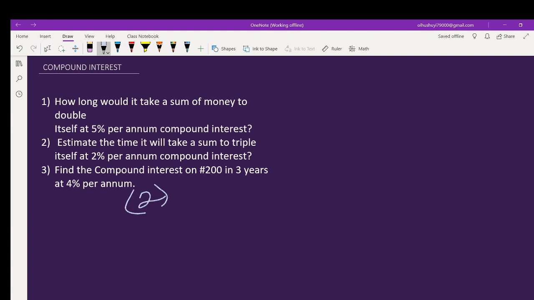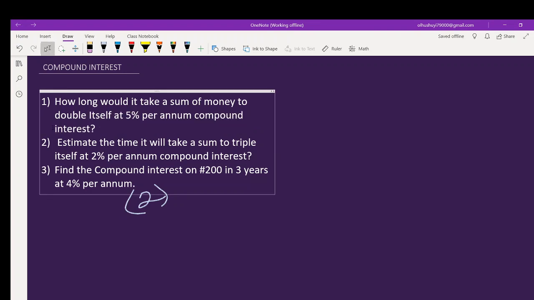How long will it take a sum of money to double itself, at 5% per annum?